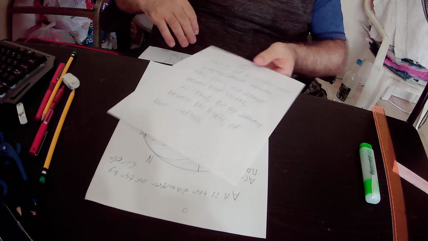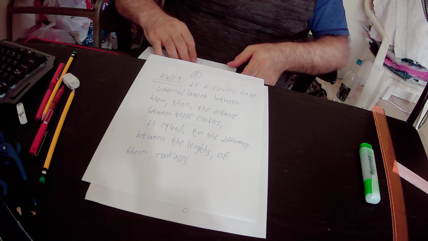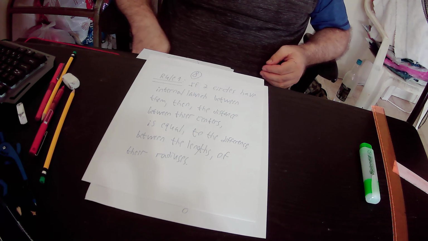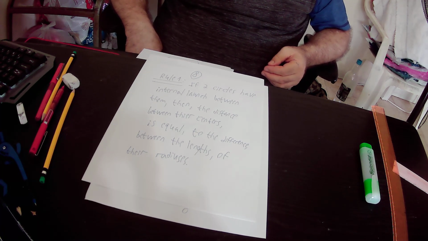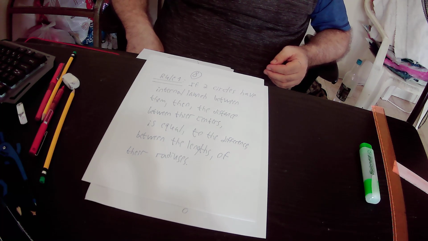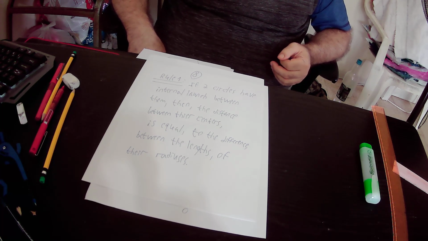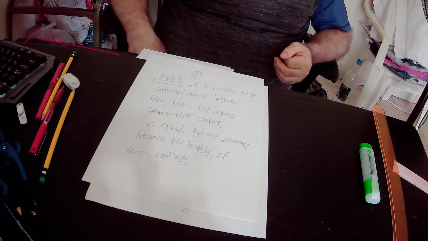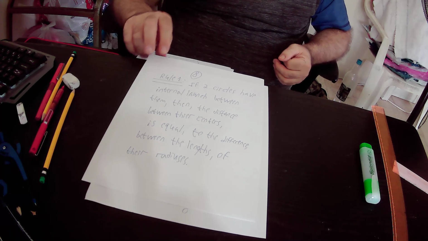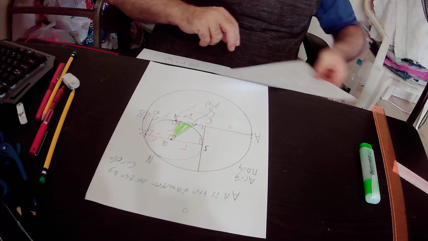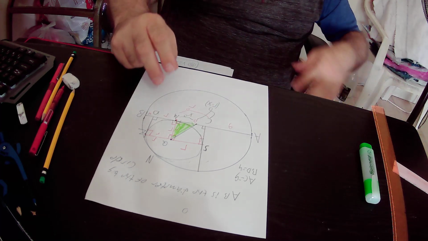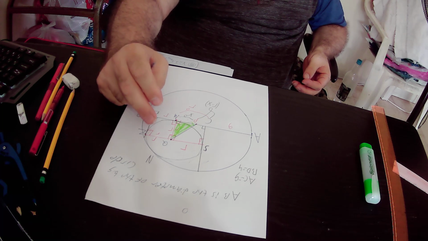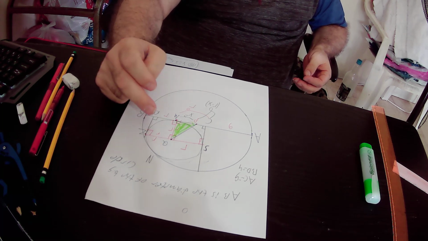According to rule number 1, if two circles have internal tangency between them, then the distance between their centers is equal to the difference between the lengths of their radii. So we can implement rule number 1 in our circles, because we have two circles that have internal tangency between them at point N.